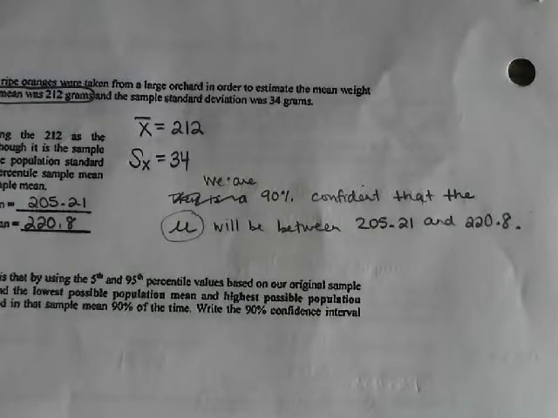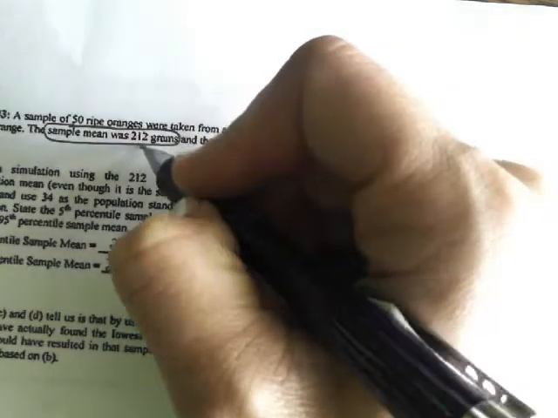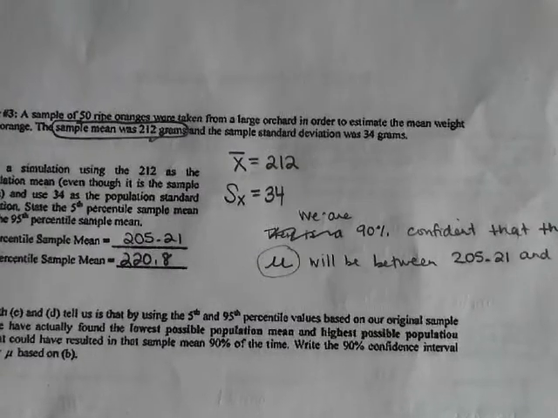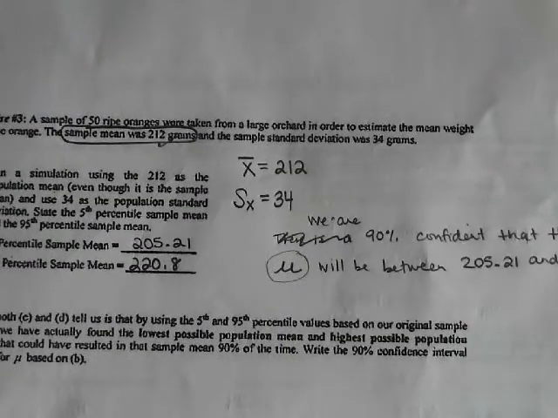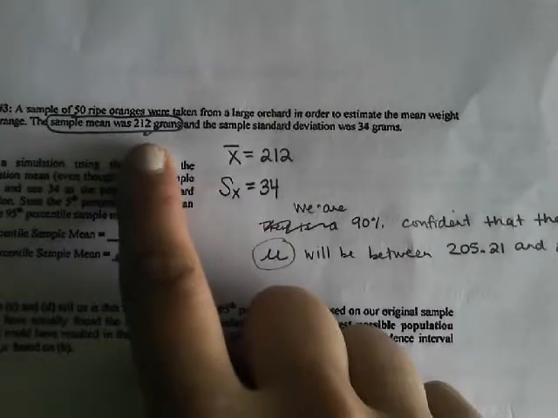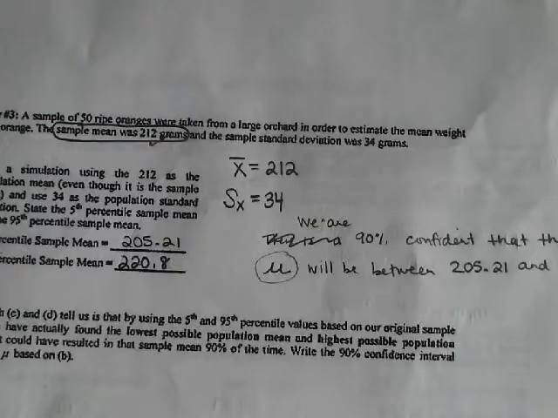We could put all those oranges back and take another sample of 50 and get that average weight, which might be 213 grams. And then put all those back and take another random sample of 50 ripe oranges, and we might get 210. And we could do that 10 times. So take a sample of 50 10 different times, come up with 10 different sample averages, and then average those averages together.